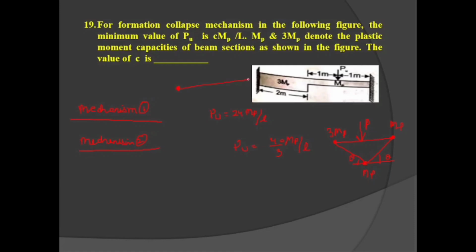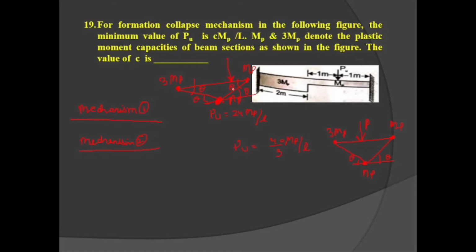Here the central point MP. This is 3 MP. This is MP. This is theta. This is theta. This is MP into theta plus theta, but load is acting here.